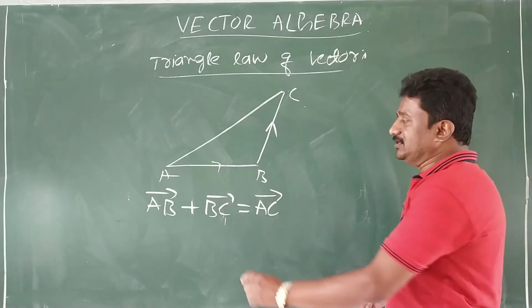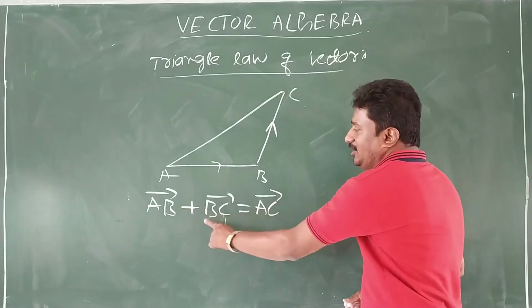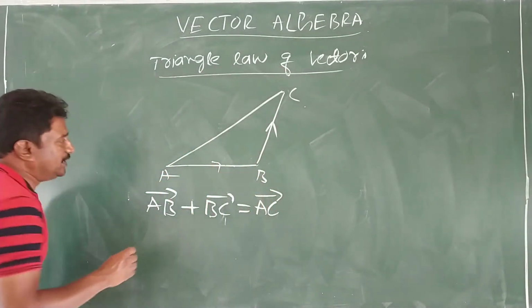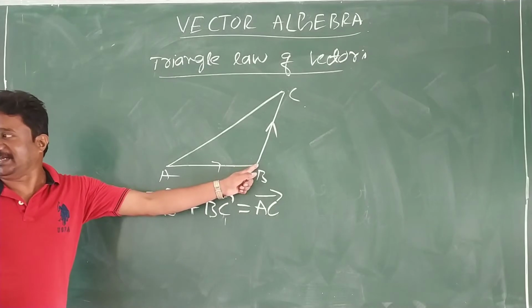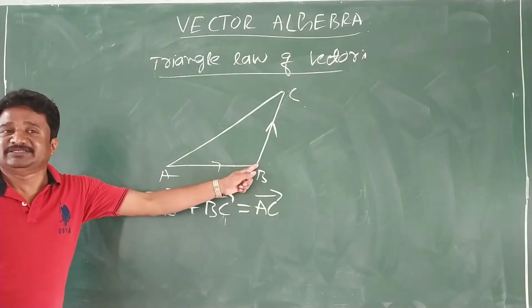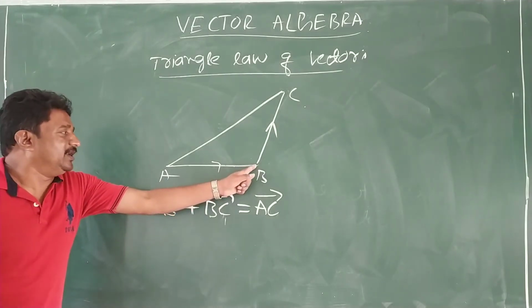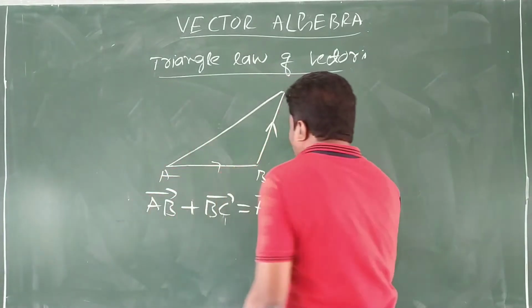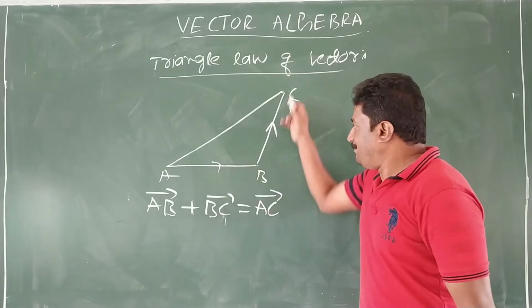Look at this, students. Point B is called a bridge. What is point B called? A bridge. Bridge means connector, means link. Point B connects both A and C. Point B connects both the paths.